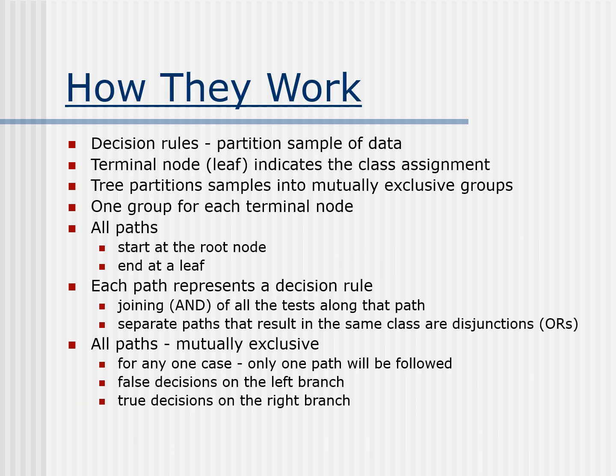So we are creating a decision rule. This decision rule is done with the help of partitioning the sample of data. Then based on the class assignment, the final outcome, we can create the tree, that is the terminal node. Then the tree partitions again. It's all about mutually exclusive groups. What do we mean by mutual exclusion?